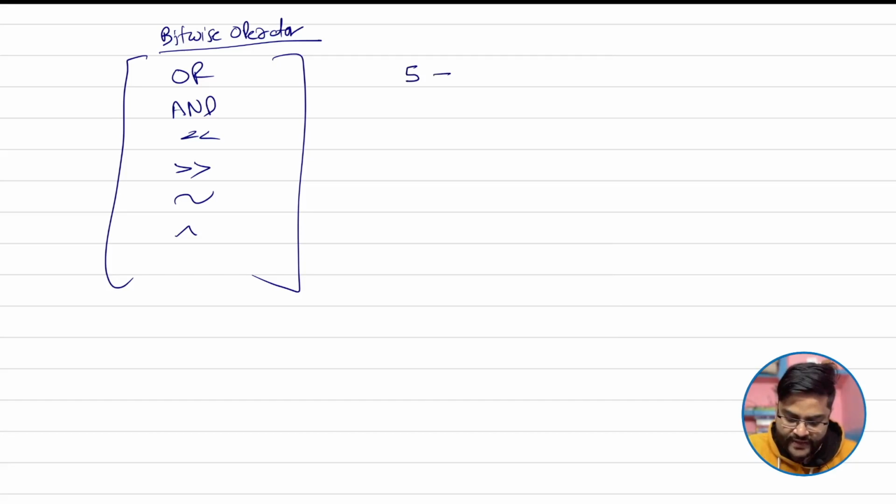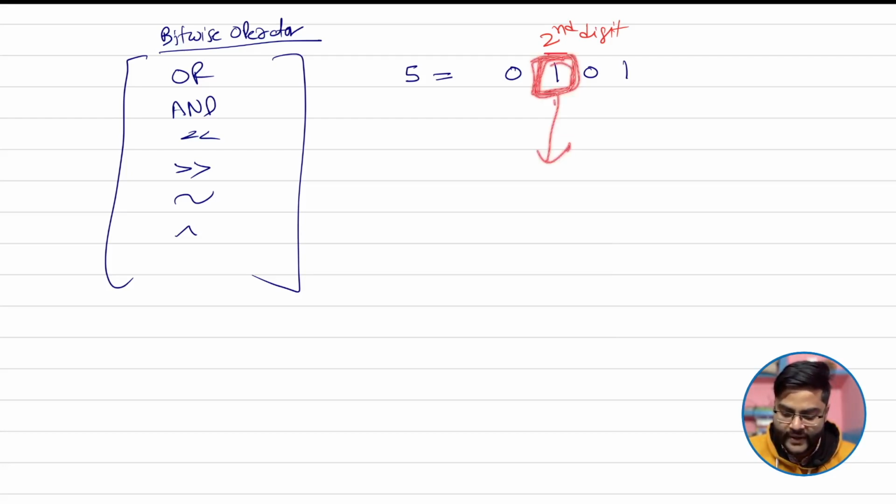So my number was 5, right? And it was 0 1 0 1 in binary. I want to find whether my second digit is set or not. Now in bit manipulation I need to perform an operation so that only this bit, I want to find whether it is 0 or 1.